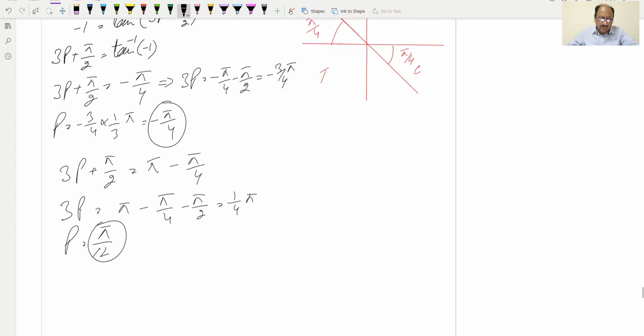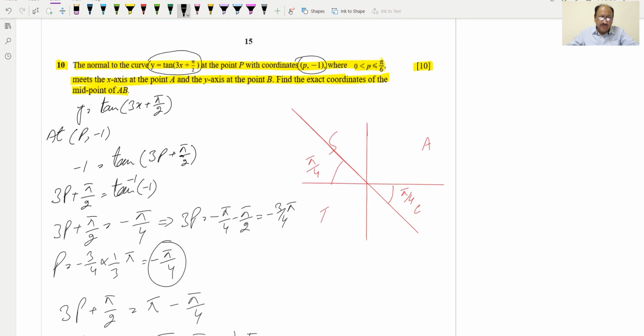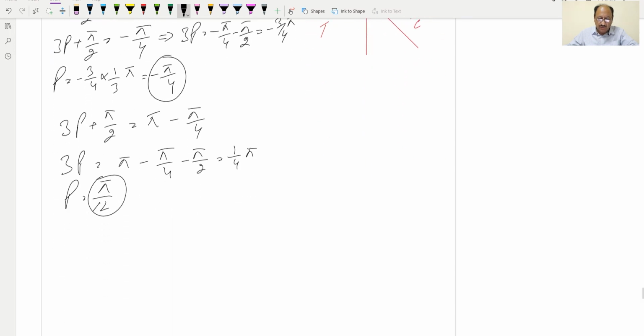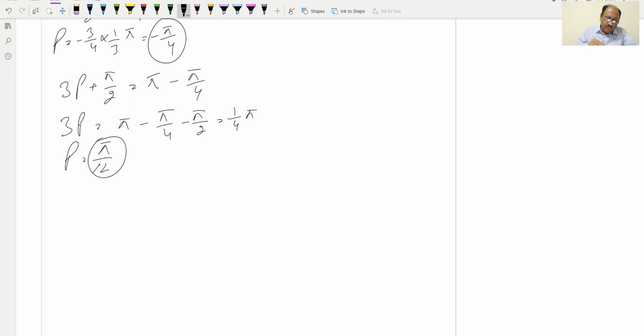Now we can find the equation of the normal. For the equation of the normal, first we'll find the equation of the tangent. So y is equal to tan of 3x plus pi by 2. This is our equation.